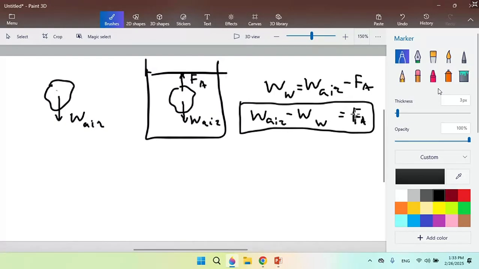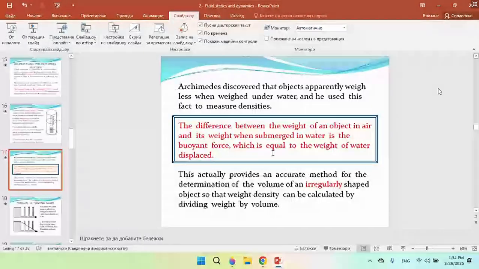So thus, in the rectangle in which we read, it was given exactly this: the difference between the weight of an object in air minus its weight when being submerged in water is equal to the Archimedes force. That is equal to the weight of the fluid displaced by the object. So this is what I have written mathematically.